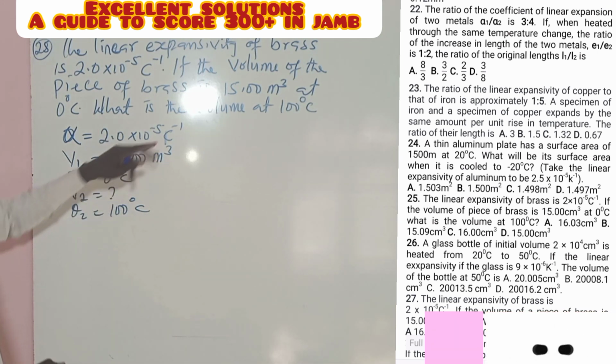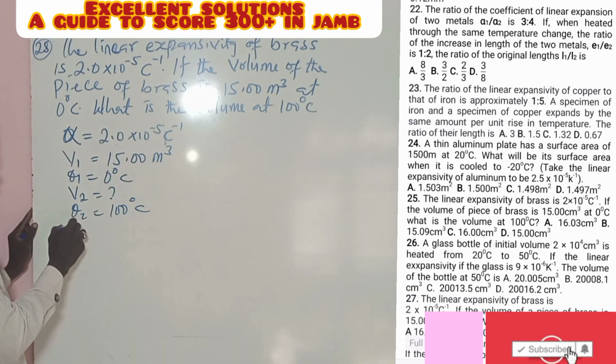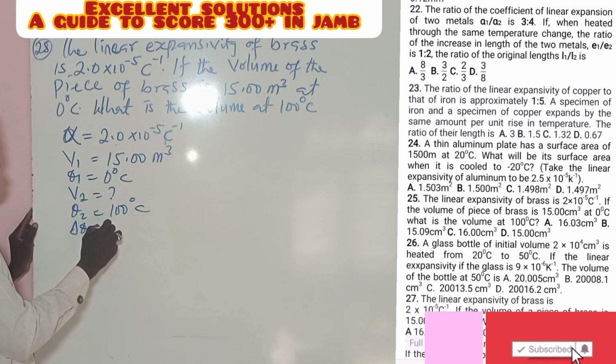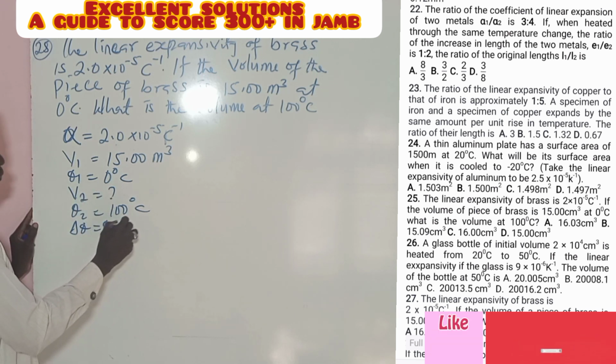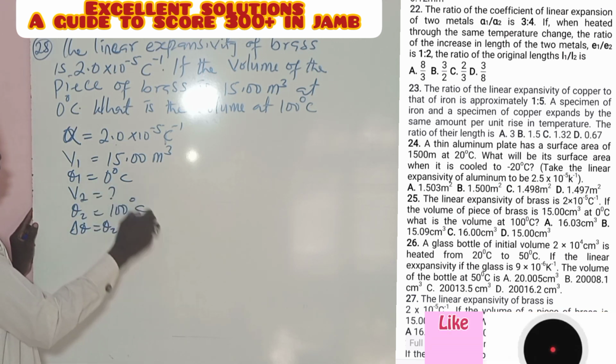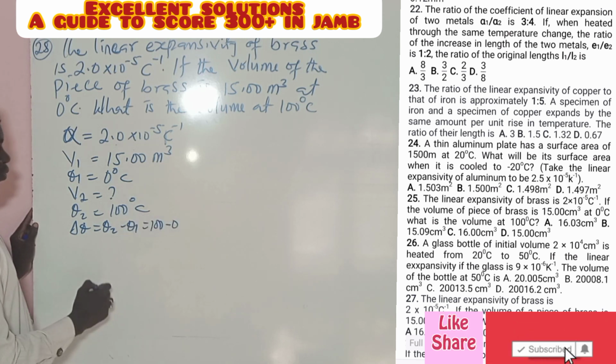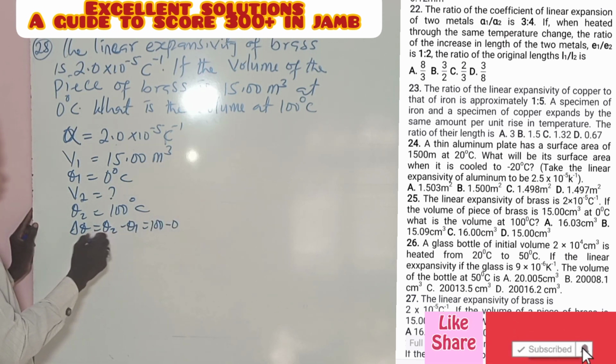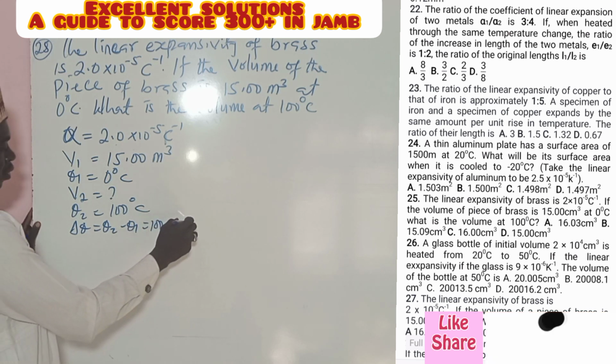So from here we look at delta theta. Delta theta equals theta 2 minus theta 1, which is the same as 100 minus 0. So our delta theta is equal to 100 degrees Celsius.